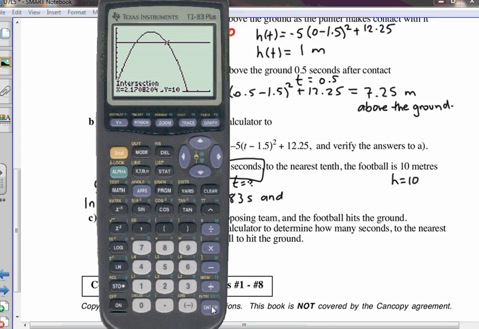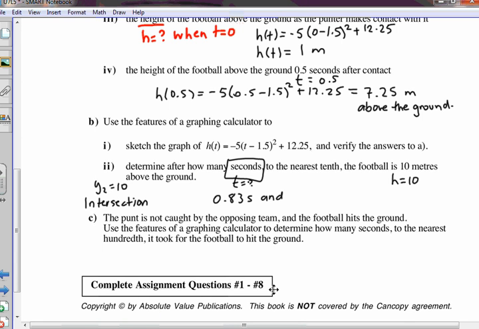And 2 point, round to the nearest tenth. 2.2 seconds. Actually, this one said to the nearest tenth, so it would actually be 0.8 seconds here. And 2.2 seconds. Okay, the punt is not caught by the opposing team and the football hits the ground. Use the feature of the graphing calculator to determine how many seconds, to the nearest tenth, it took for the ball to hit the ground.